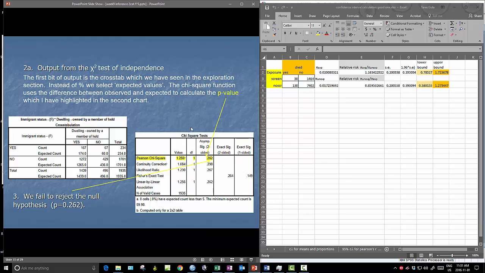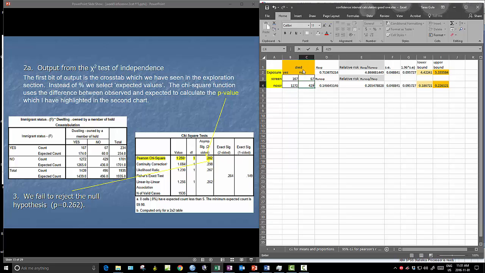Here it is. So we have immigrant status, yes, no. Exposure, let's call this yes, no. Okay, so 167, 67, 1272, and 429.